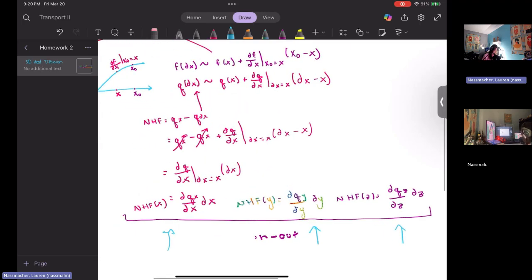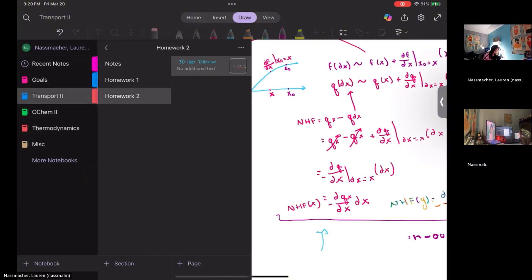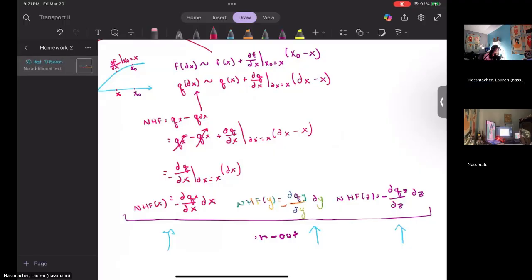And I completely forgot to add a negative to this. So remember, there's a negative in front of all 3 of these equations, right? You see here, since you're subtracting your x plus dx term, you have to change all of these signs to negative.